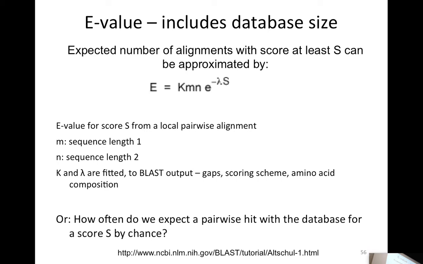Taking that into account, we can process that to get an E-value for each hit that we found in the database. And so then we can assess if it's very likely or unlikely that this is a true homolog or has significant sequence similarity.